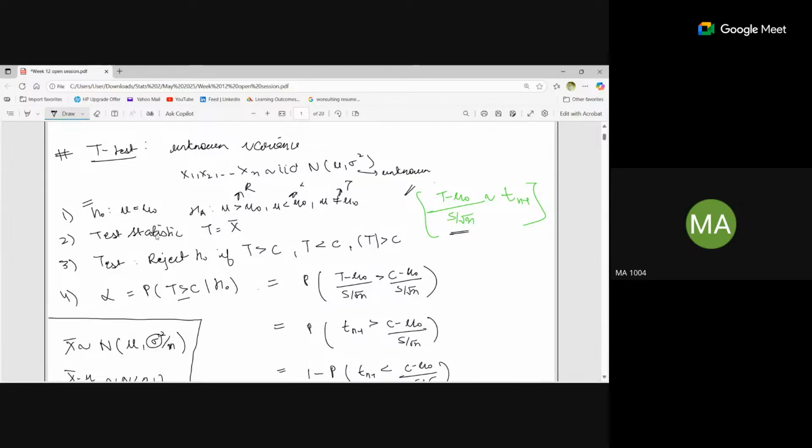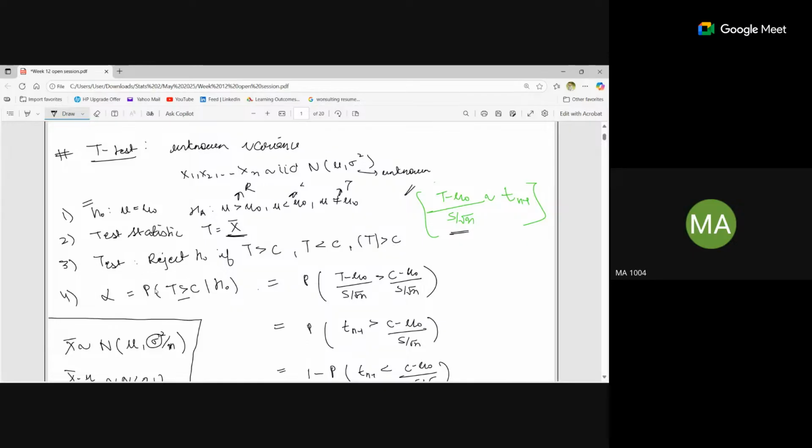Now, the test statistic. We are testing for the sample mean, so my test statistic would be X bar, the sample mean, correct? Now my rejection region: if it is a right tail, my T is greater than C. If it's left tail, my T is less than C. And if it's a two-tail test, the mod of T is greater than C. So these are the same thing.